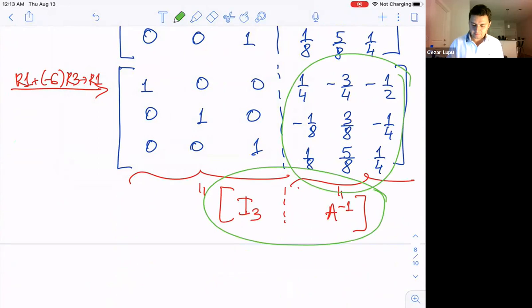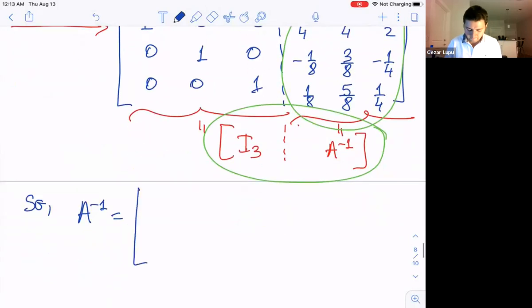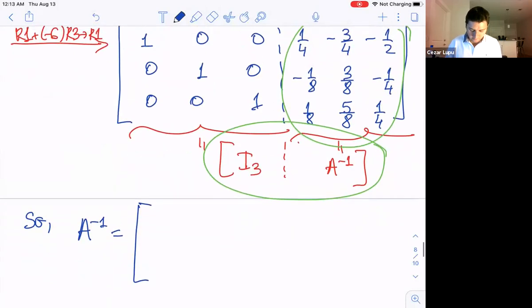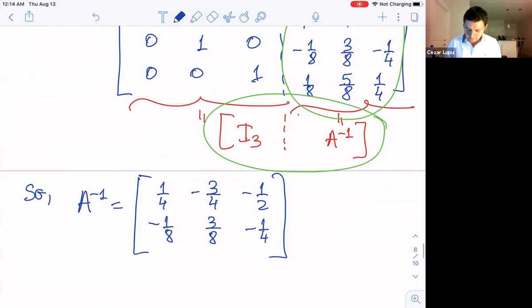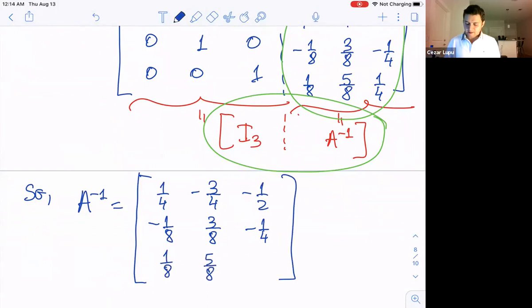In other words, we have that A inverse is nothing else than just this matrix. 1/4, -3/4, -1/2, -1/8, 3/8, negative 1/4, and the last will be 1/8, 5/8, and 1/4. That's the inverse of a matrix.